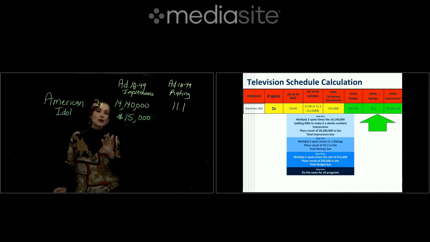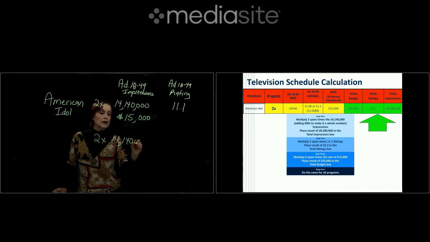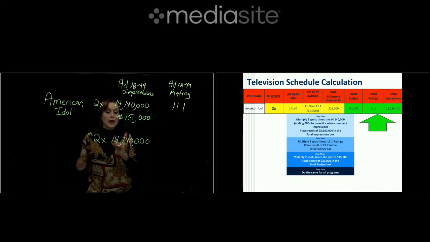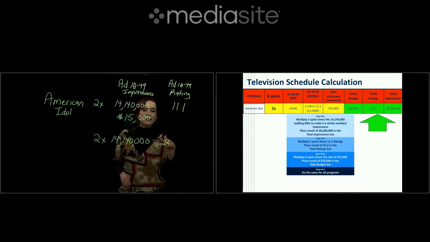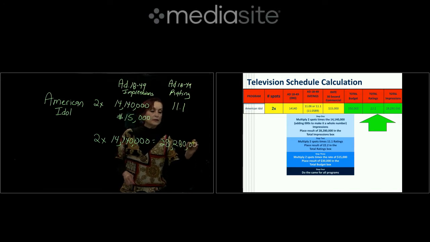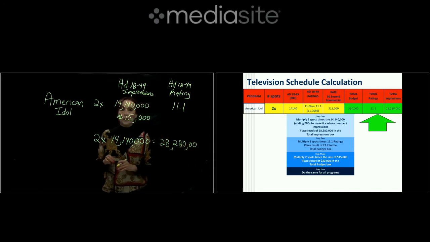Now, the first thing you're going to do is multiply 2 times 14,140,000. These are the impressions. So this is equal to 28,280,000 people for those 2 spots.